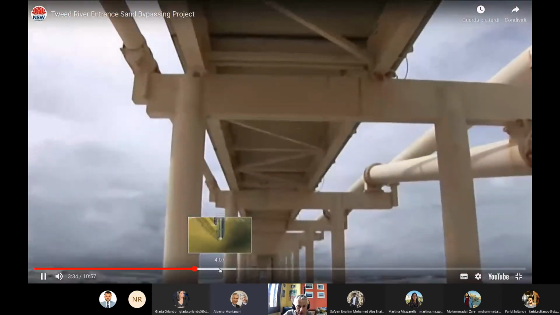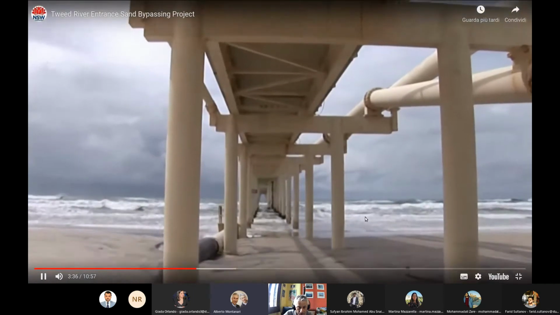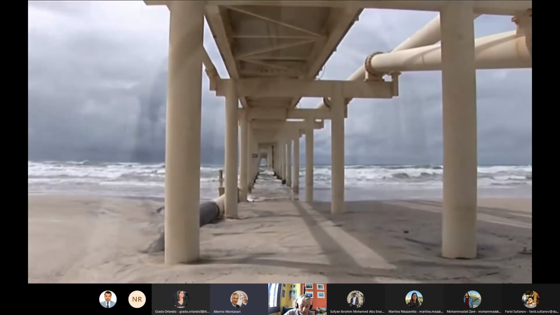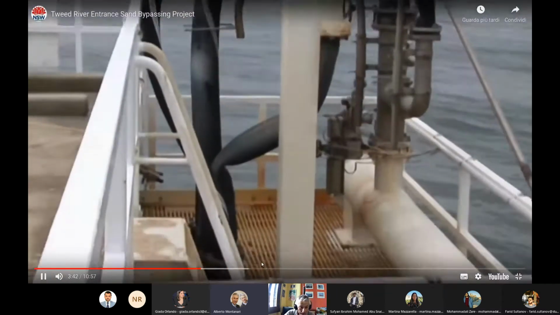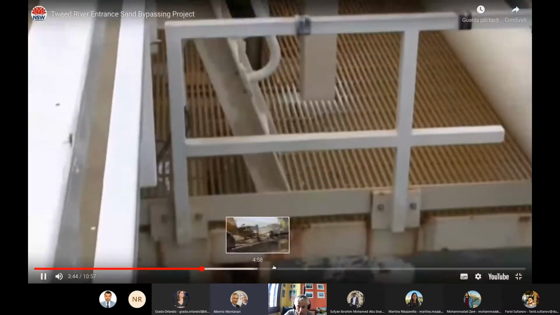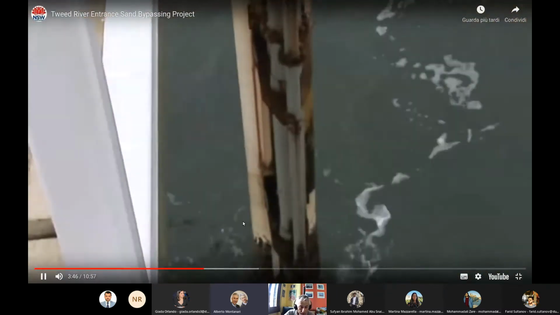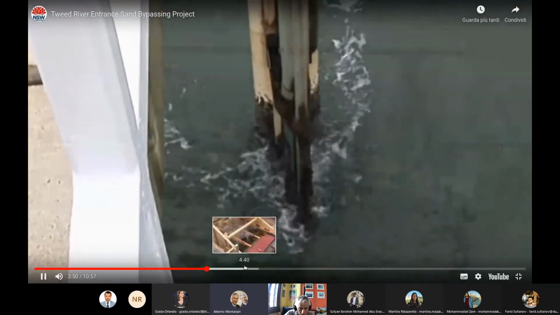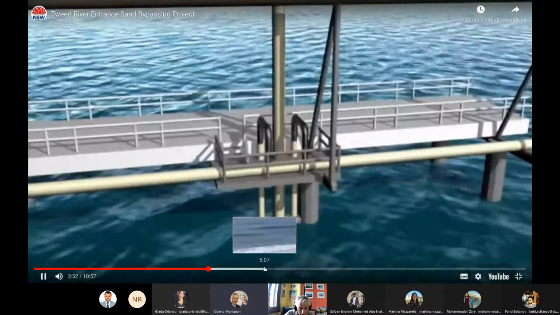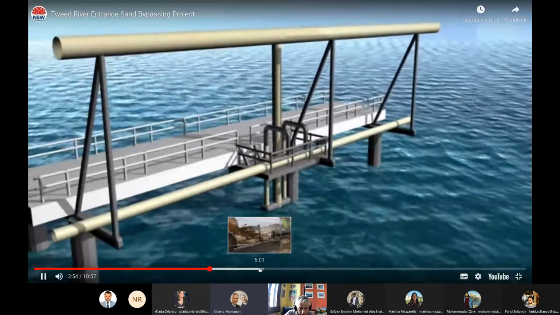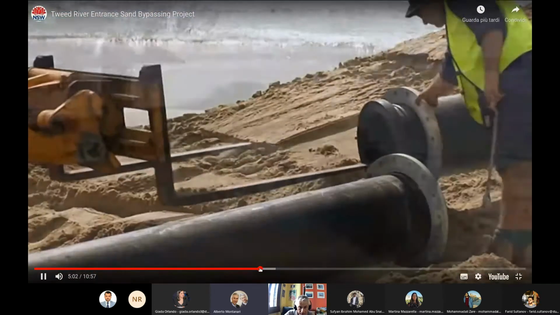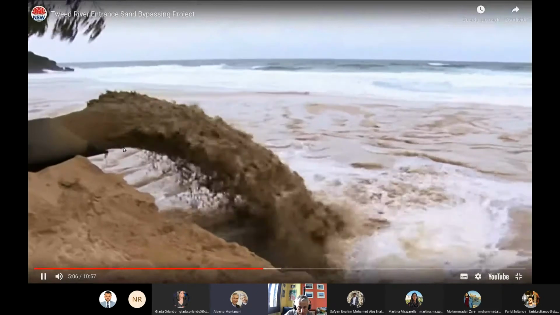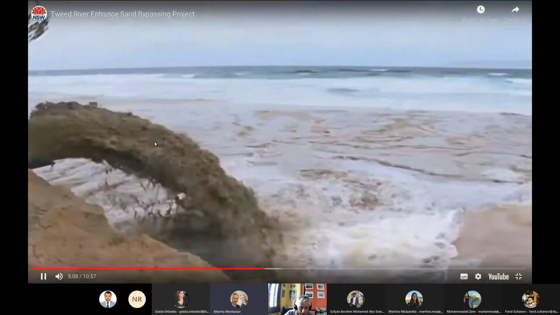Let me just show you. You see here, this is the long pipe that is pumping the sand. And I'm not sharing the audio because it is not really relevant. I just want to show you. You see the sand, which is pumped on the other side.